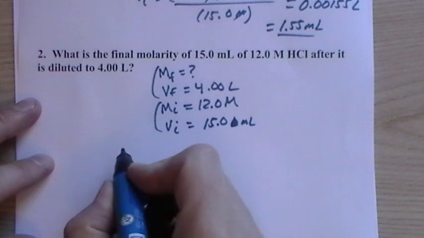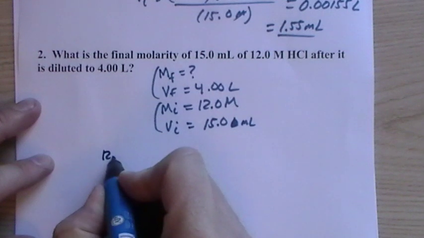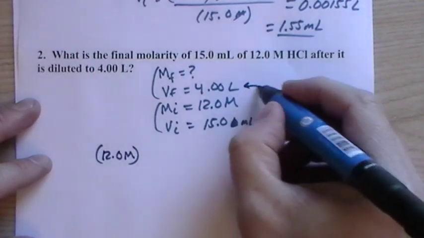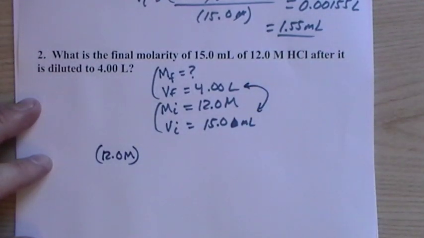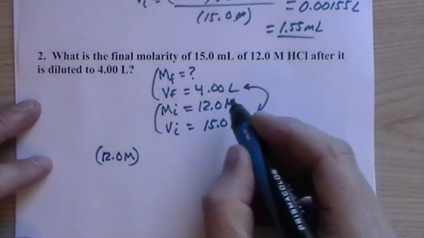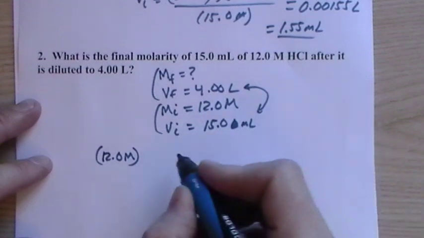So now that we have everything, just set it up. We have 12 molar. Since we've been given both volumes, we need to have them in the same units of measure. When one of the volumes is missing, we can just leave the other volume in liters or mils, and we'll come up with either liters or mils as our answer. But here, since they've both been given, we have to convert one or the other.